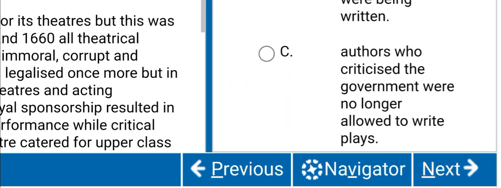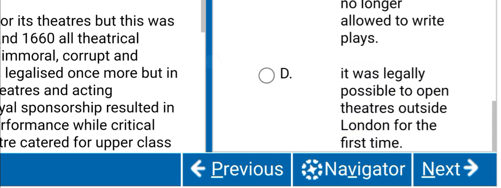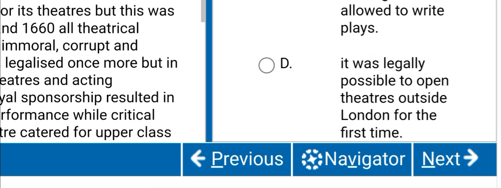Option C, authors who criticized the government were no longer allowed to write plays. Option D, it was legally possible to open theatres outside London for the first time.